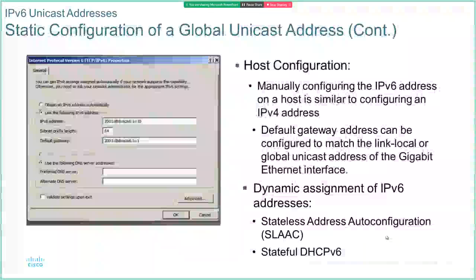Again, hosts can be configured with this as well. And another one is the stateless address auto configuration, SLAAC, which is a new term we'll look at, which basically is the assignment of the host portion.